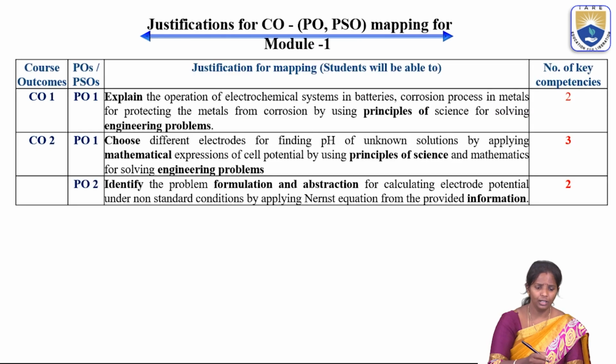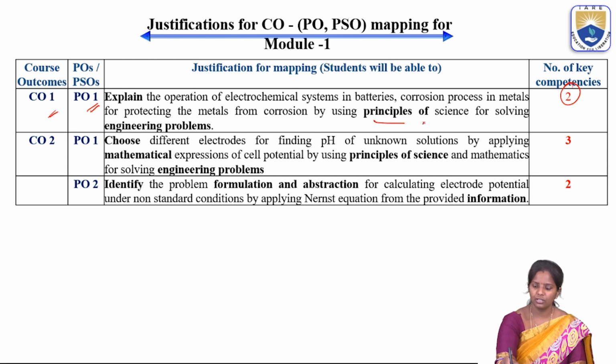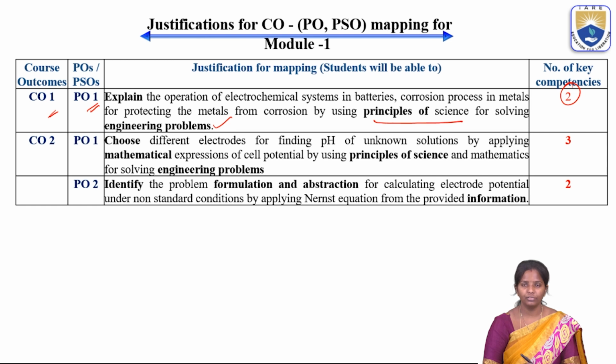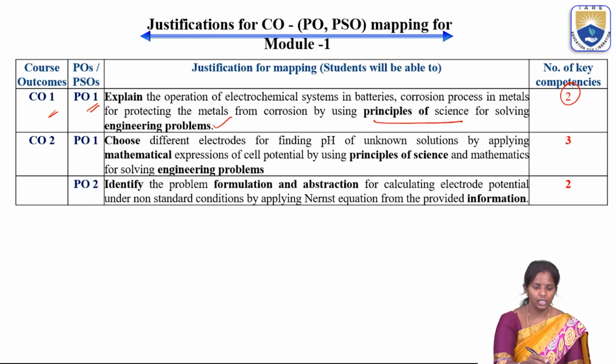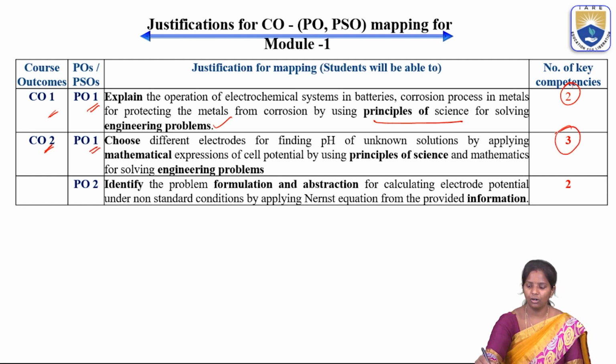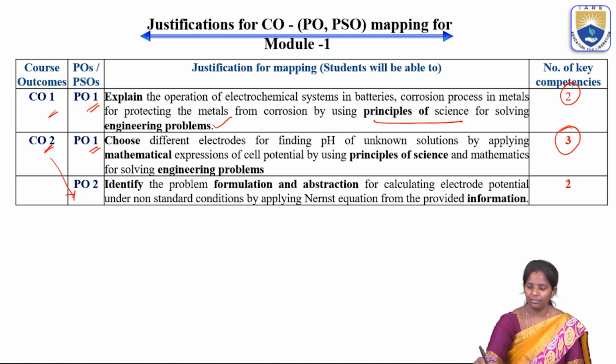So for example, when CO1 is mapping with PO1, the key competences are 2. The first is the principles of science and engineering problems, and one is the understanding of engineering knowledge, having engineering knowledge. Then CO2, when it is mapped with PO1, has 3 key competences, and when it is mapped with PO2, it has 2.